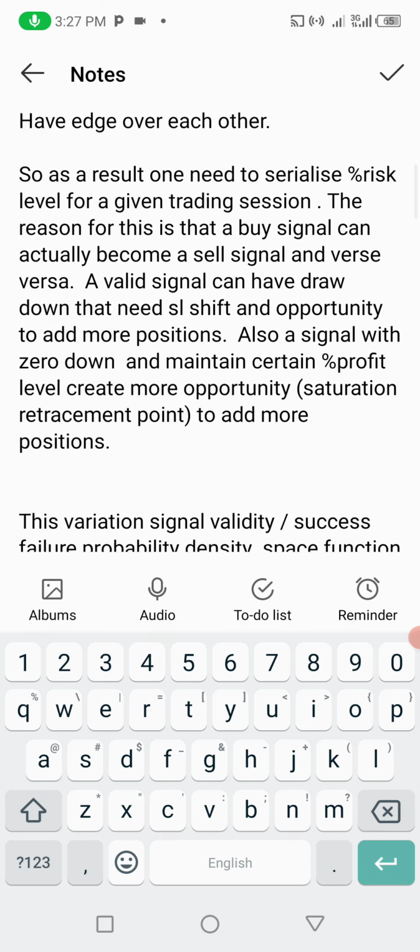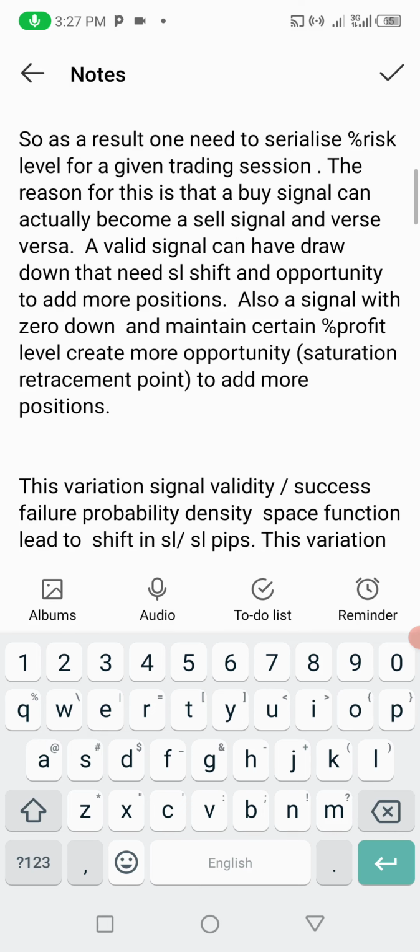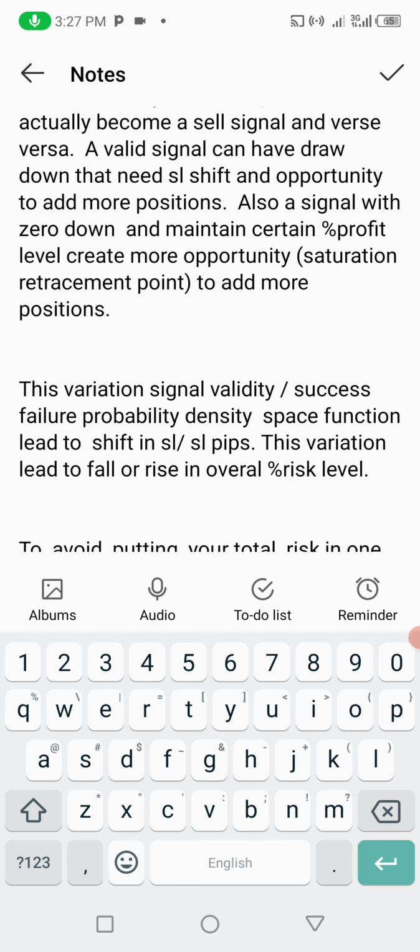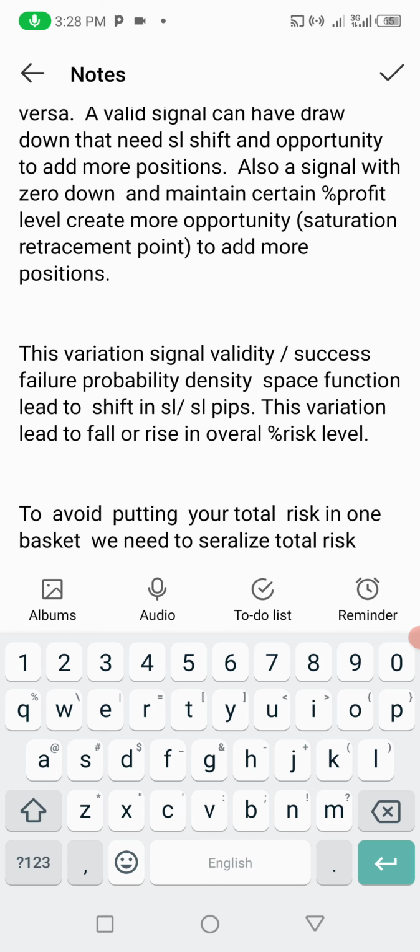A valid signal can have drawdown that needs SL shift and opportunity to add more positions. Also, a signal with zero drawdown that maintains a certain percentage profit level creates more opportunity, a saturation retracement point to add more positions.